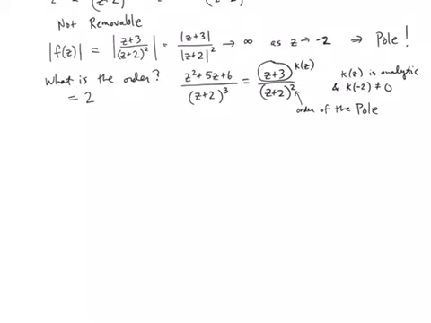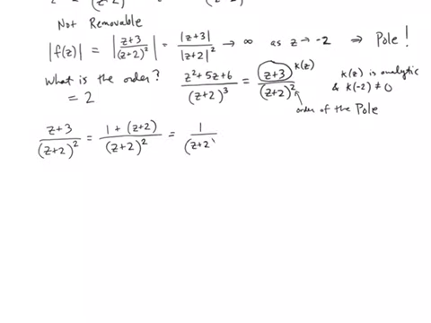And just to be extra explicit about it, one thing we can do here is write everything in terms of z plus 2. So we can write this numerator as 1 plus z plus 2, and then divide by z plus 2 squared. And what we see is 1 over z plus 2 squared plus 1 over z plus 2.